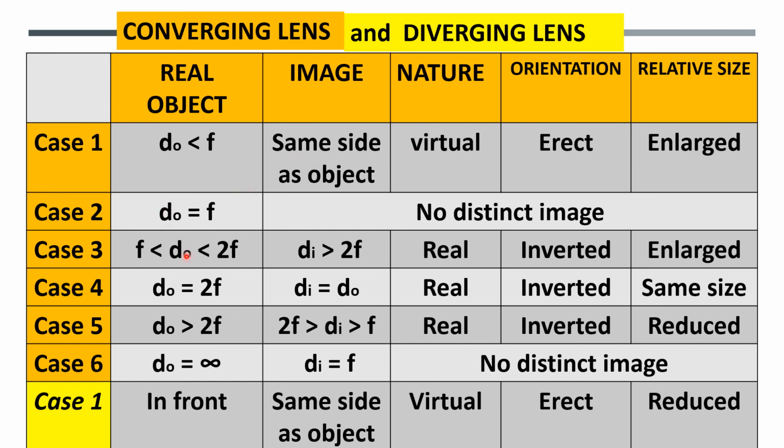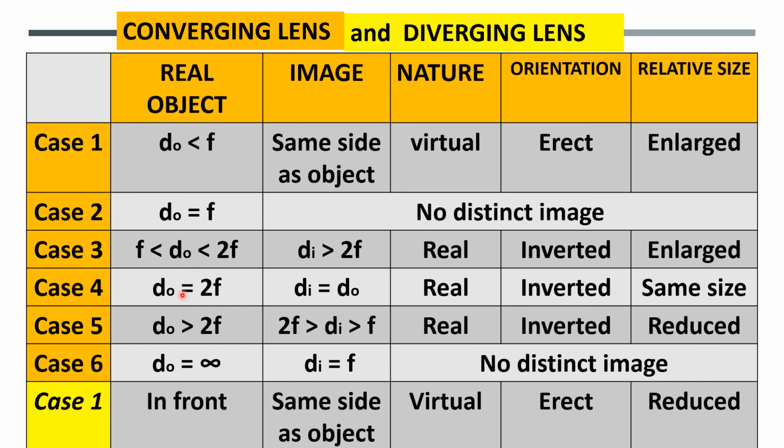All the other cases, from case 2 to case 6, there are certain cases where there will be no image formed, such as case 2. If the object is located exactly at the focus of a converging lens, there will be no distinct image.